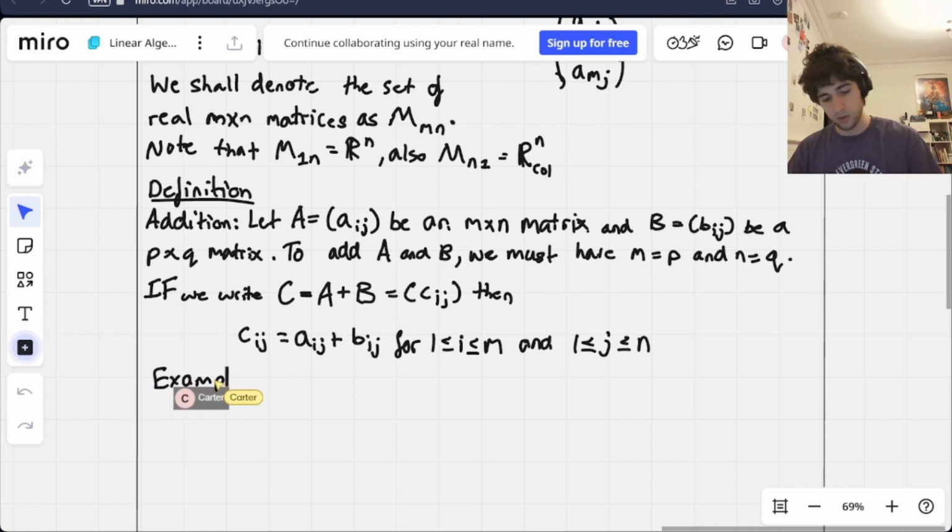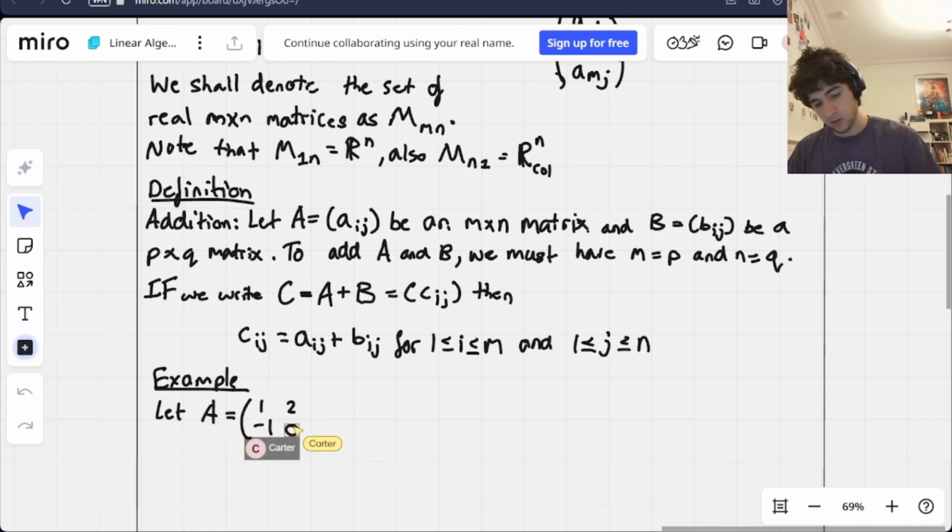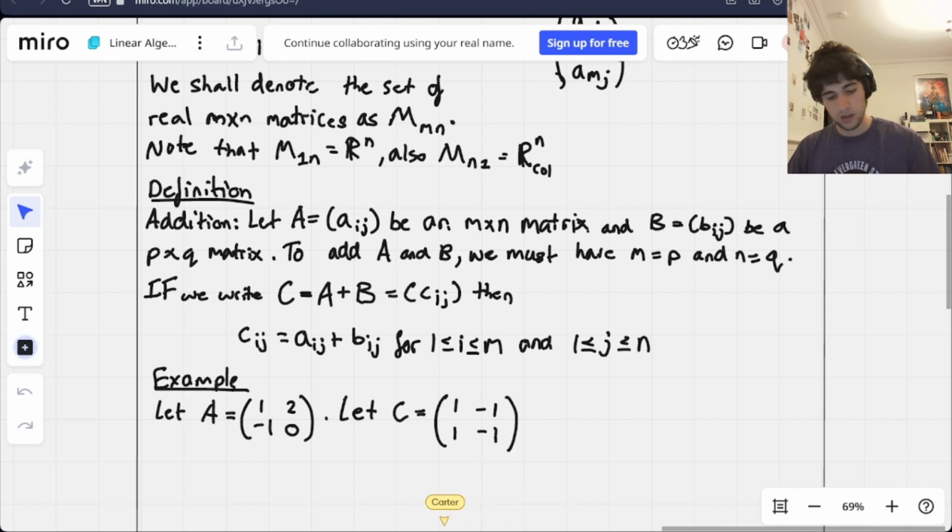So an example is we're going to say let the matrix A be equal to 1, minus 1, 2, 0. I'm also going to say let C equal 1, 1, minus 1, minus 1. So the matrix A plus the matrix C, and first of all we need to check they're the same size.